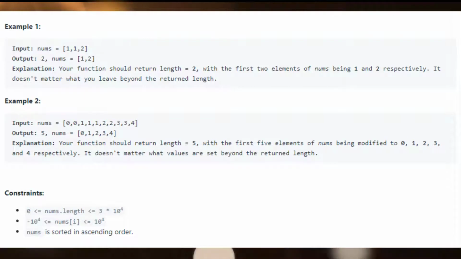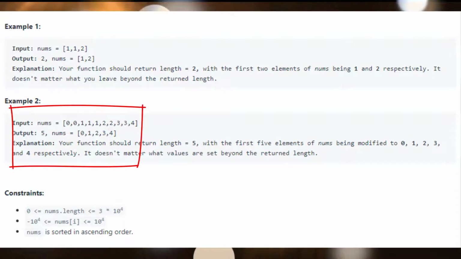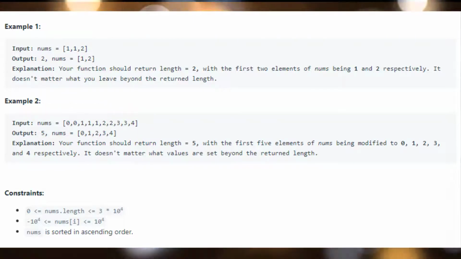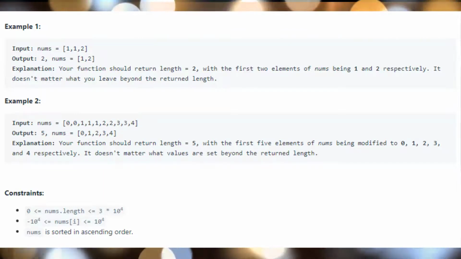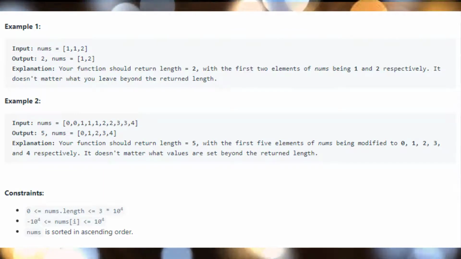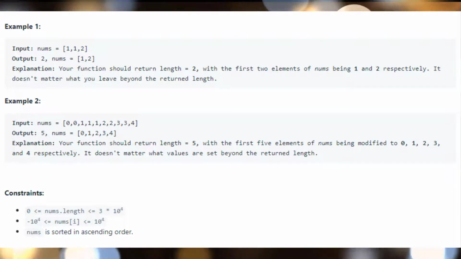And you can see also in example number 2 there are 5 distinct numbers, 0 1 2 3 4, and it's our task to output the length of non-duplicates, which is 5, and also manipulate the array in such a manner that only the non-duplicates are present.